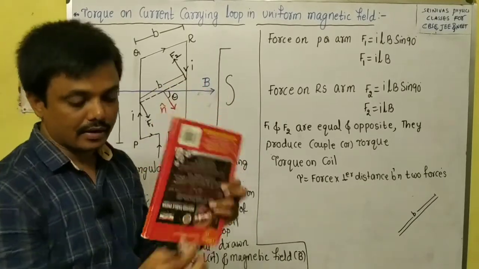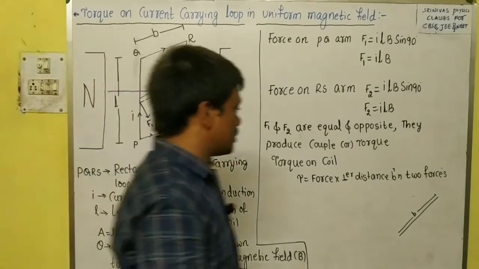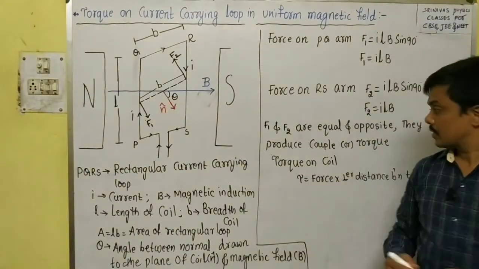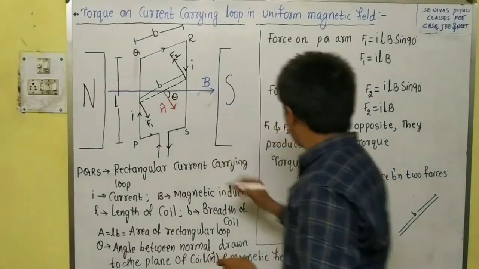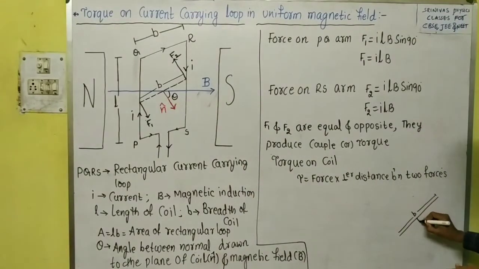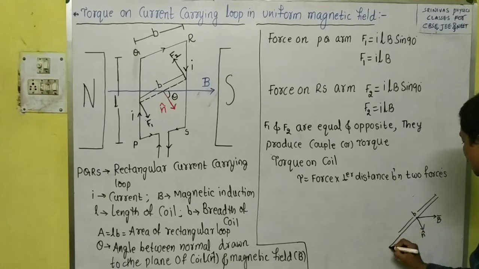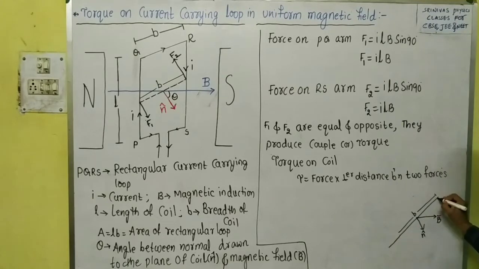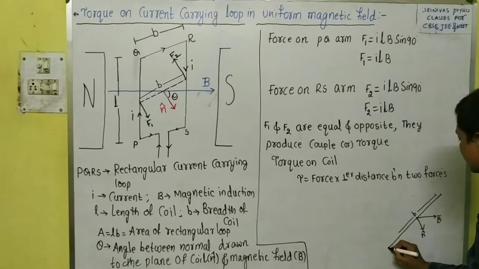And now the force on this side, I have drawn it here. N cap will be like this. This is n cap, and this is the magnetic field. Magnetic field is to the right side. Now this end, this is the breadth.